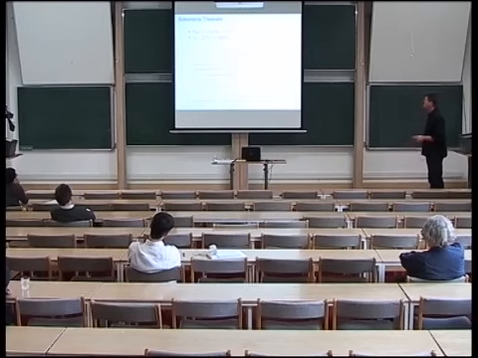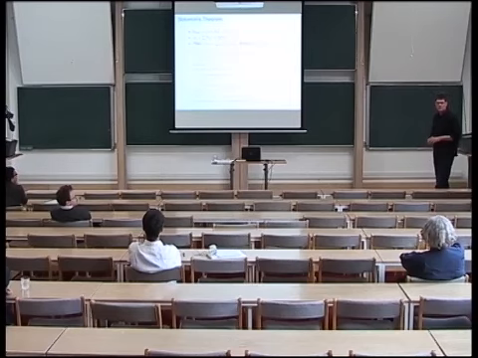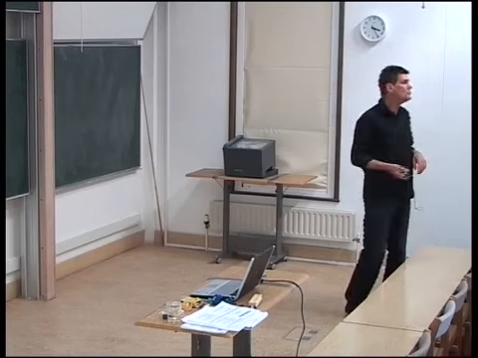Solomon's theorem then says if you multiply two of these together, I take the sum over the elements in this set.